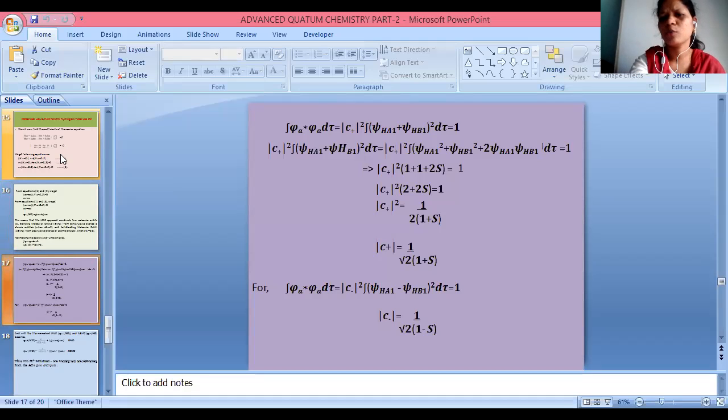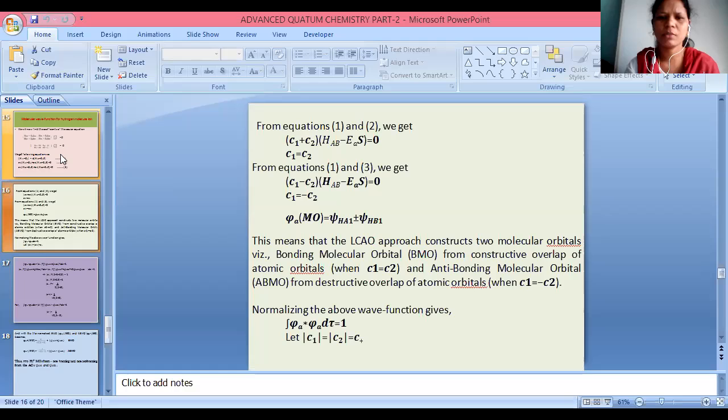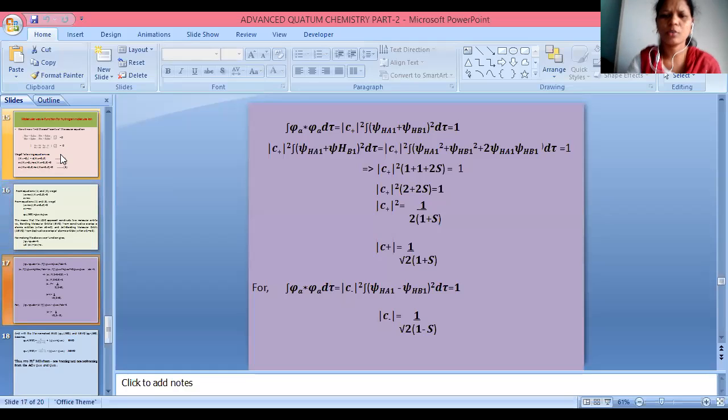Now substitute phi A, which in the previous step we wrote as psi of HA1 plus or minus psi of HB1. Therefore we can write it as C plus whole square into integral of psi HA1 plus psi HB1 whole square into d tau, which is equal to 1.